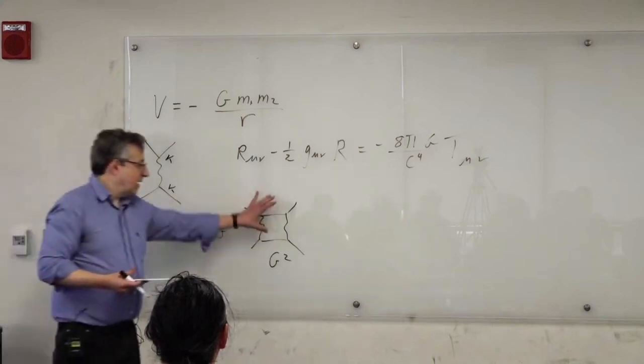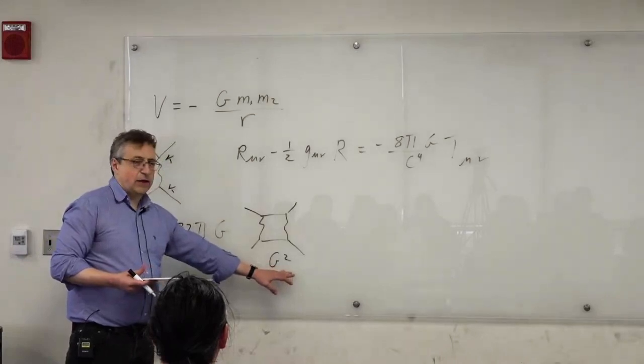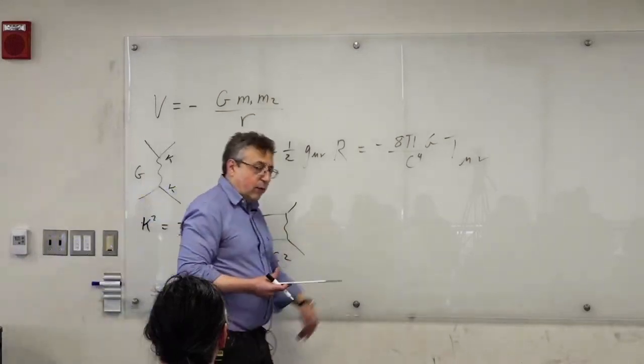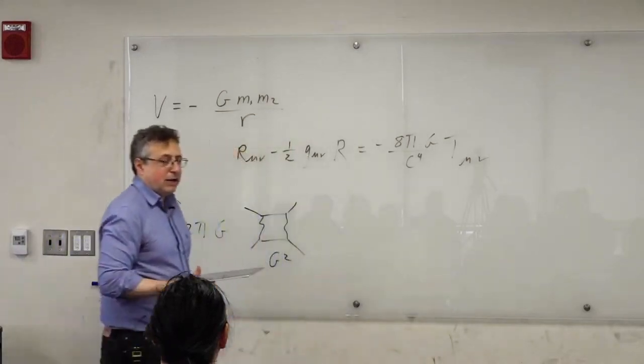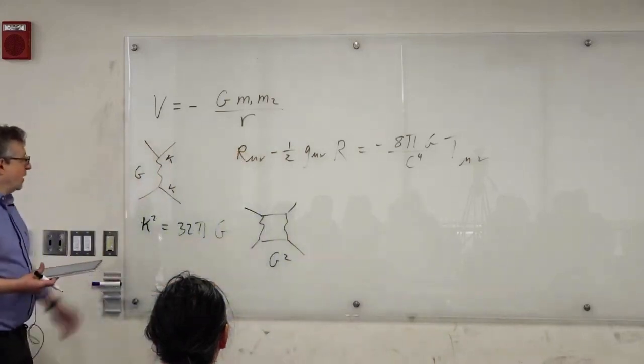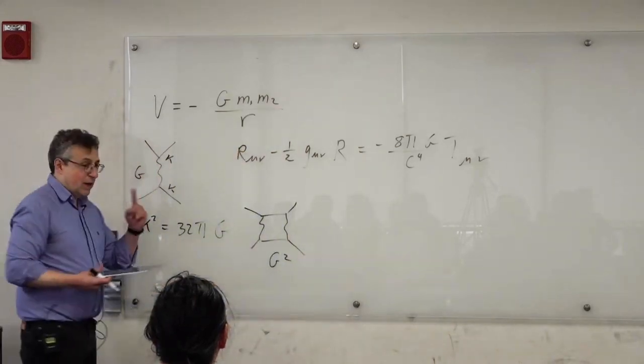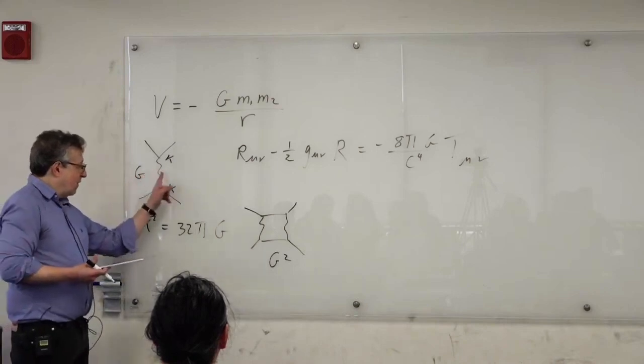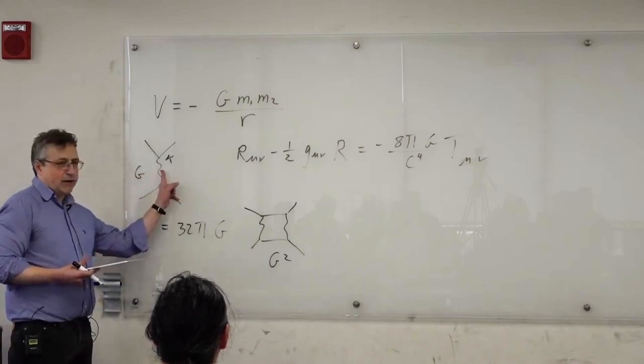And this would be second. It's just an expansion in G. Order by order in G, we will correct the Newtonian potential. And it comes directly from the concept of this being a spin-2 particle. That's all you need to know.